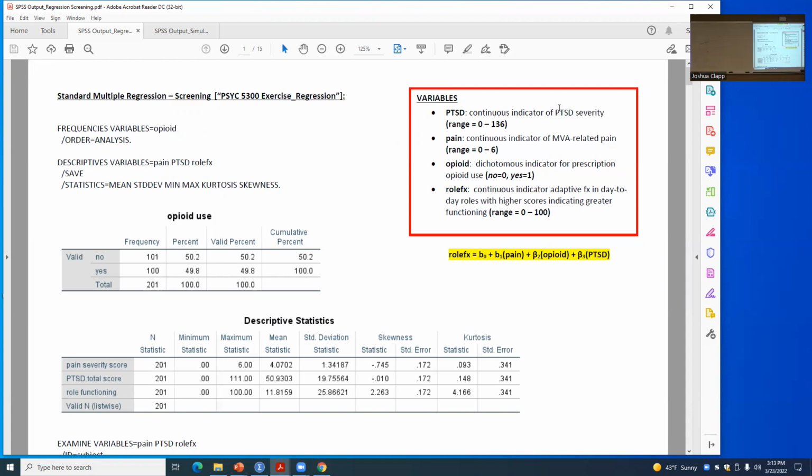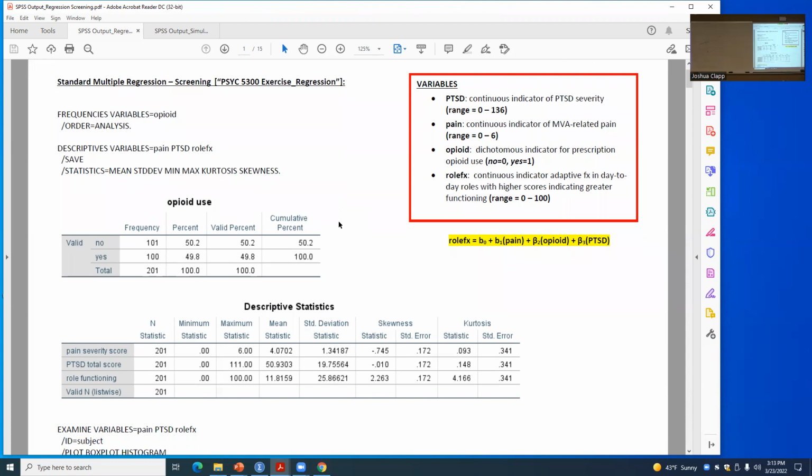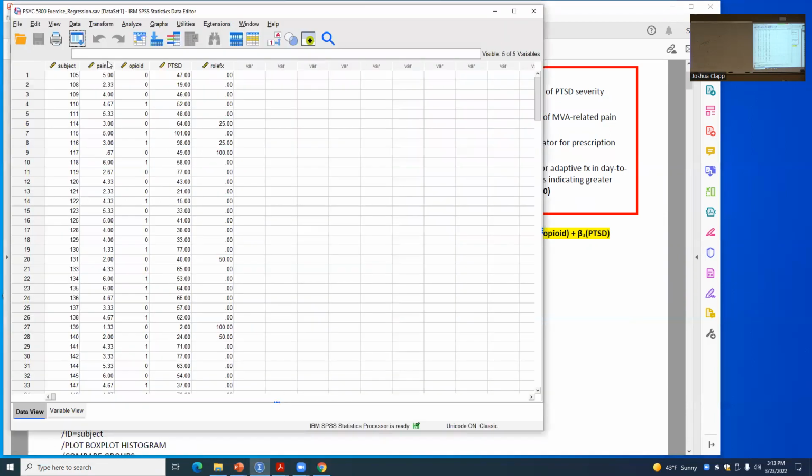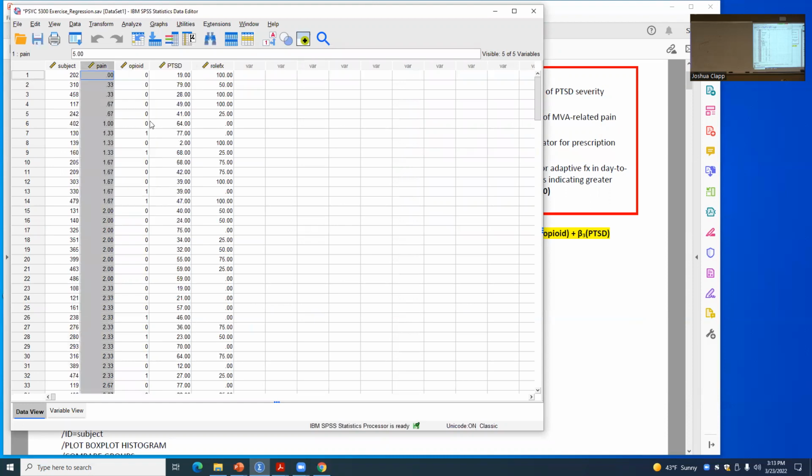So just to save some time, because this is not news to anybody, we're just going to go through and use our standard approach that we would normally do.